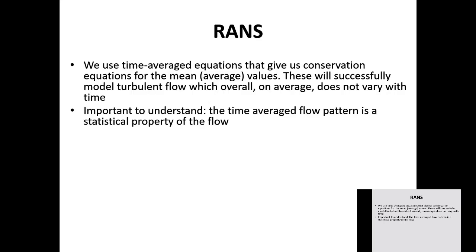Remember that this is a statistical property of the flow, which means it's not exactly what is happening at a particular time, but what is happening over a period of time. So you get a snapshot, and the snapshot doesn't change over time in RANS.